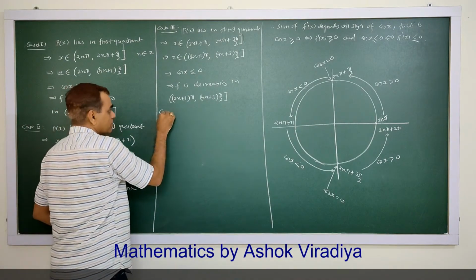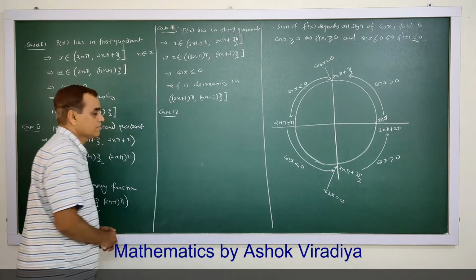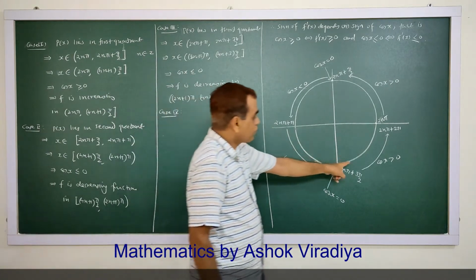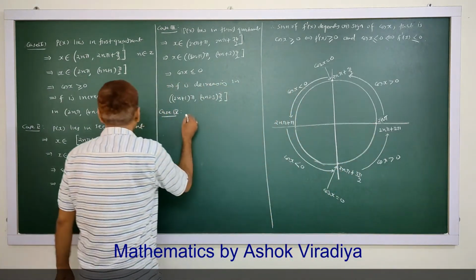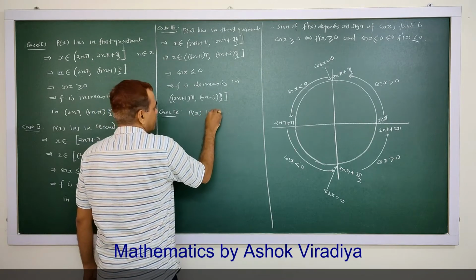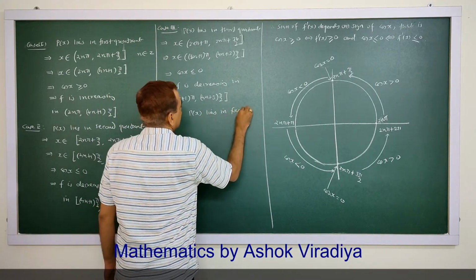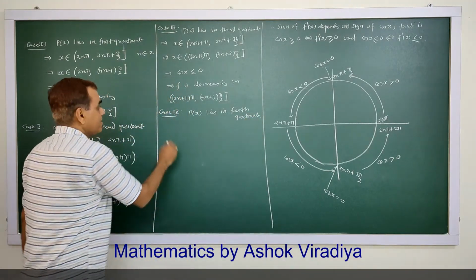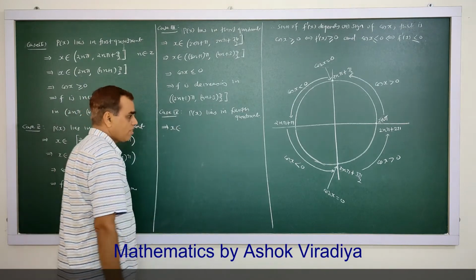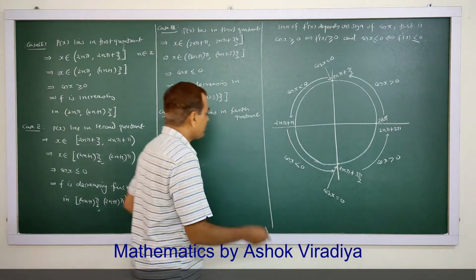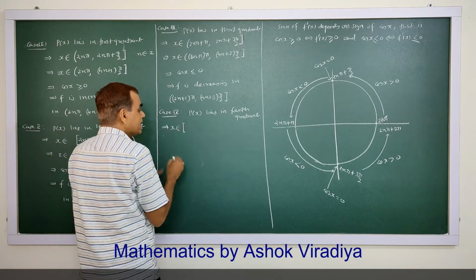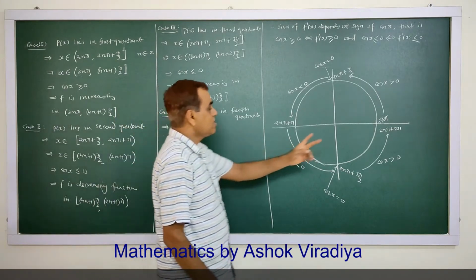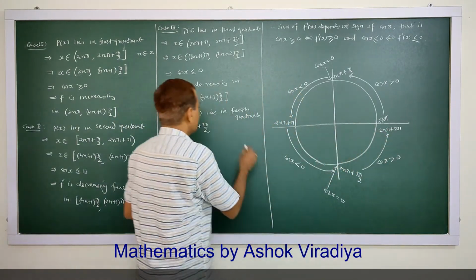Then case 4. If P x lies in the fourth quadrant, that is, the point corresponding to x lies in the fourth quadrant, then x belongs to 2n pi plus 3 pi by 2. See, I am including that number, 2n pi plus 3 pi by 2, comma, 2n pi plus 2 pi.